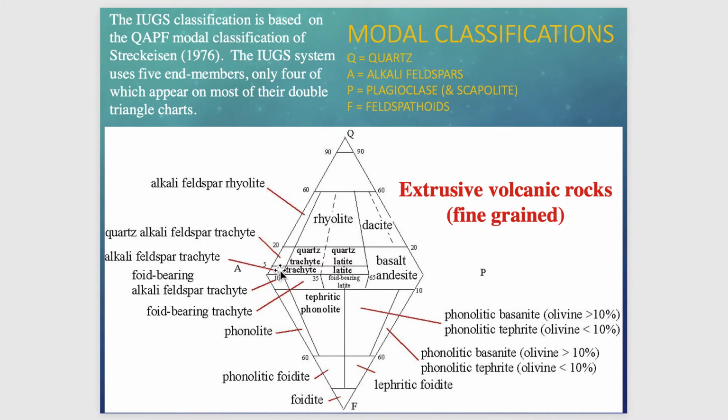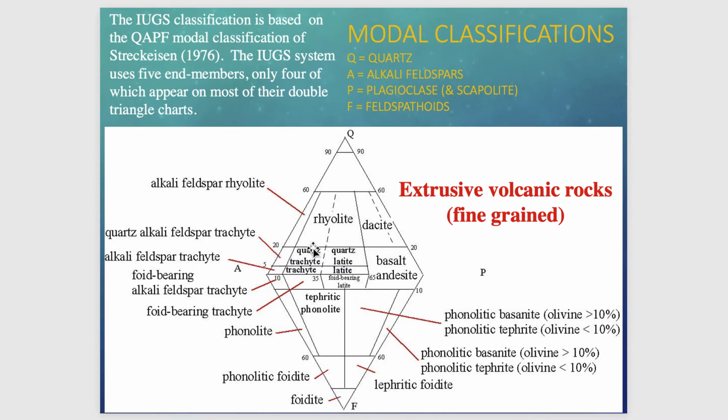So you tend to have ranges that go from rocks that have less than 5% silica up to 90%, in which you have quartzolites, so rocks that are extremely rich in quartz. But most of the rocks that we are going to look at really are in this field, exception made for the foidites here.